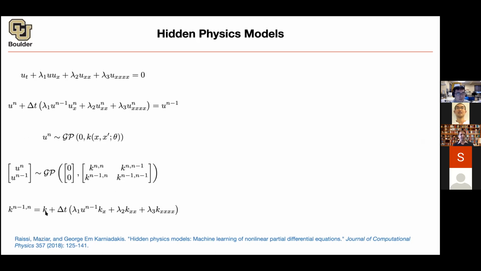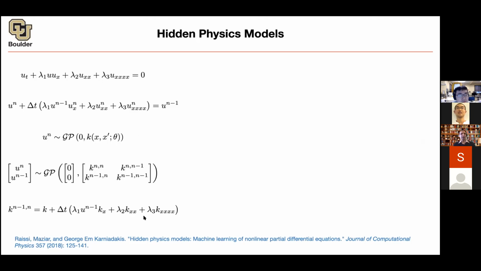And then the covariance is going to mimic the behavior of your differential equation: K, plus delta T, Kx, Kxx, Kxxxx. And this is a physics-informed prior. Something nice happens. The same way that in the forward equations we were optimizing over thetas to come up with the best basis function, you're going to optimize over lambda 1, lambda 2, and lambda 3.